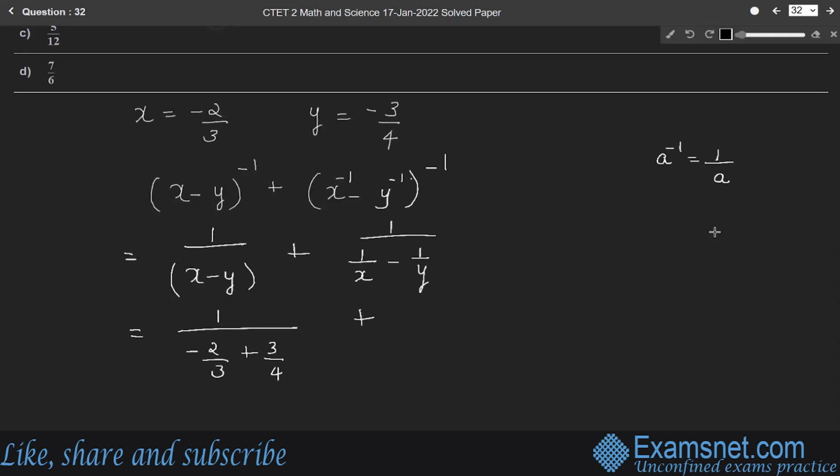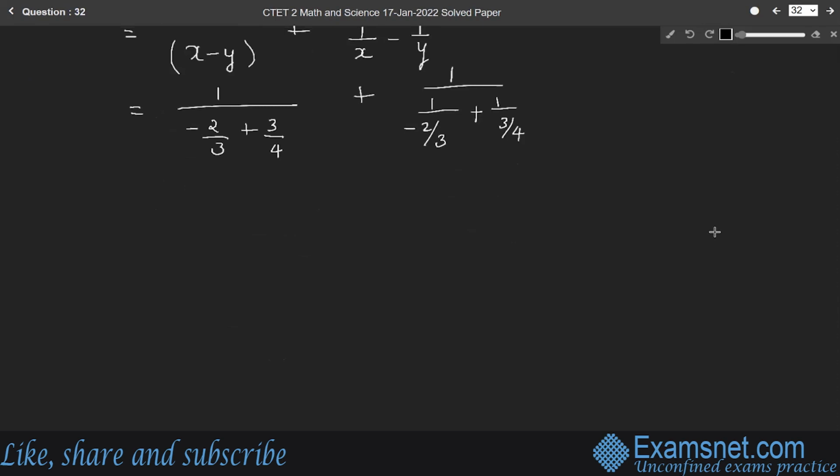So plus 1 by x, that is 1 by minus 2 by 3. Here, the minus of minus is plus 1 by 3 by 4.